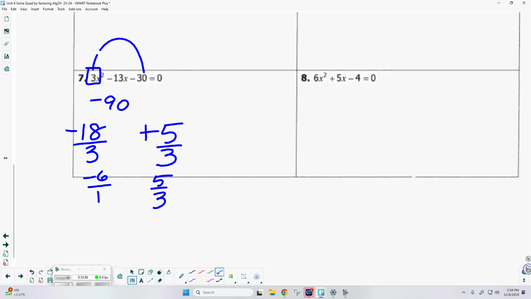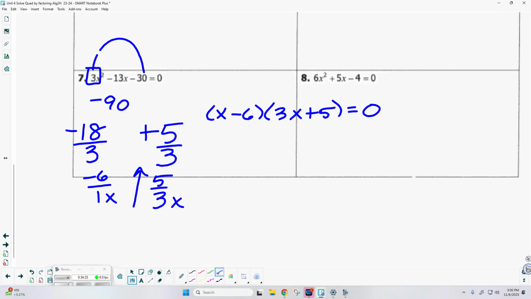Mercedes. Now we're ready to move these. I'm going to put the variable in each denominator, and I'm going to read it from the bottom up. So -6 over 1x, that would be x minus 6. What's the other one? 3x plus 5. There you go. And then zero product property.